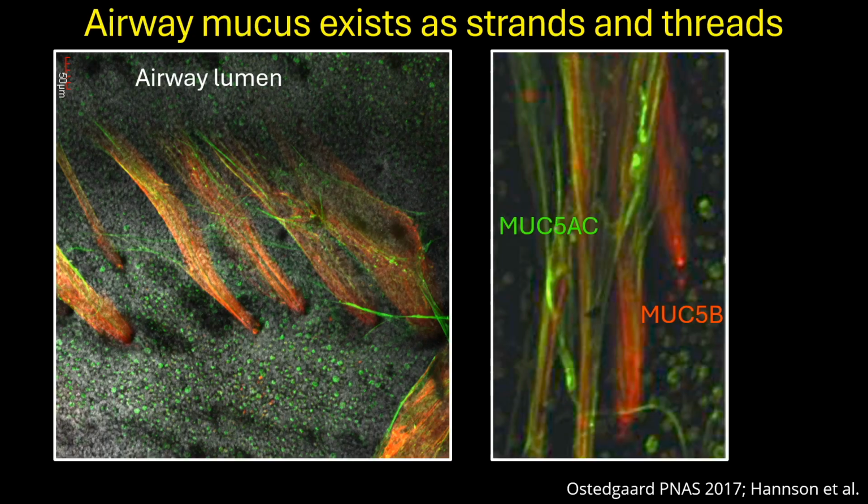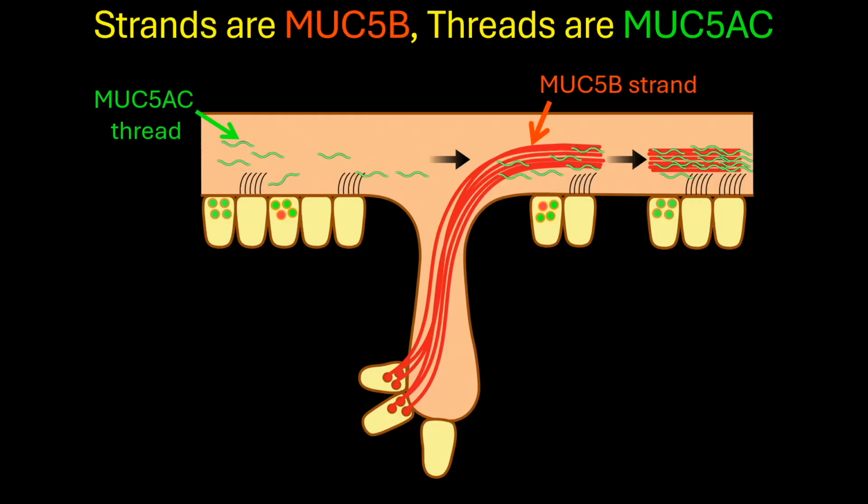Our group and others have demonstrated that the strands and threads interact on the airway surface, and we believe this to be important for mucus function. Our current understanding can be conceptualized by this schematic, where MUC5B-rich strands exit submucosal gland ducts and encounter MUC5AC-rich threads that then coat the MUC5B strands and are important in particle trapping and ultimately airway clearance.